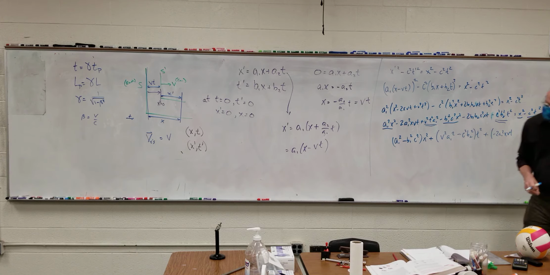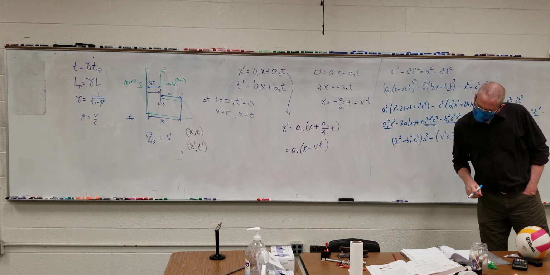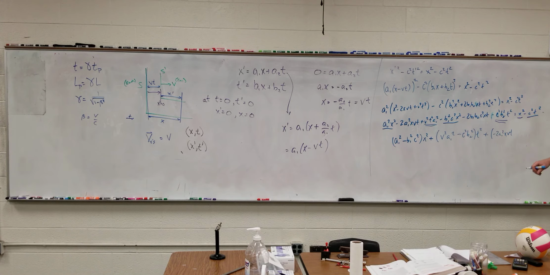Do I want to keep t out? No, not yet. Minus 2b1 b2 c squared x t equals x squared plus c squared minus c squared t squared.